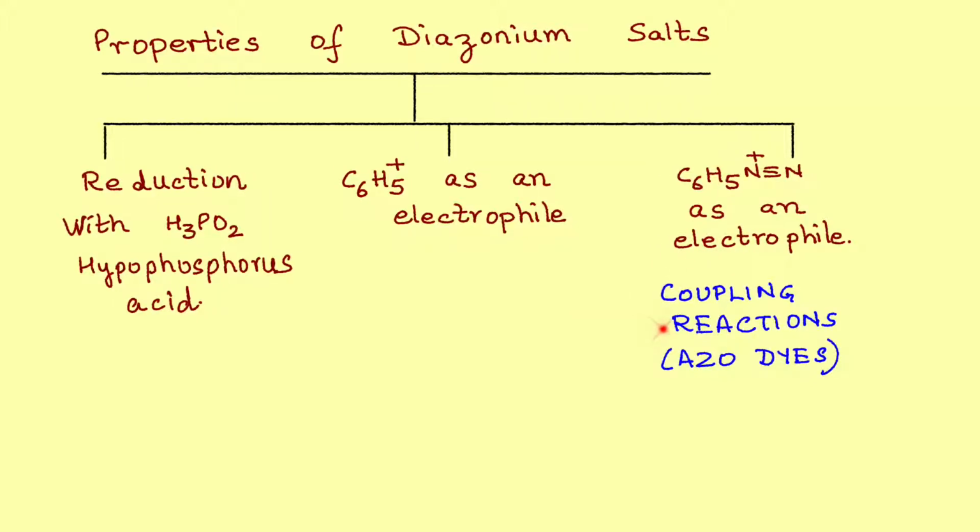And interestingly, such reactions are known as coupling reactions, and they give us a very important category of dyes known as the azo dyes because of their color. Do you remember the flow chart that I gave in the previous video where we have colored these azo dyes yellow and orange? Do you recall that?